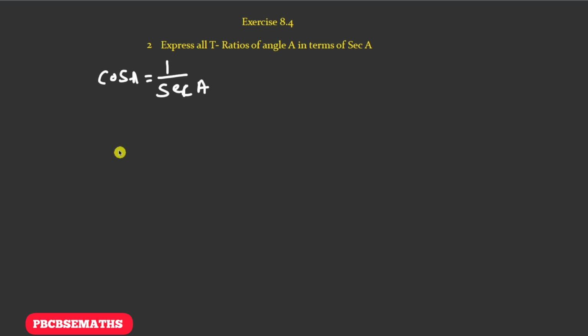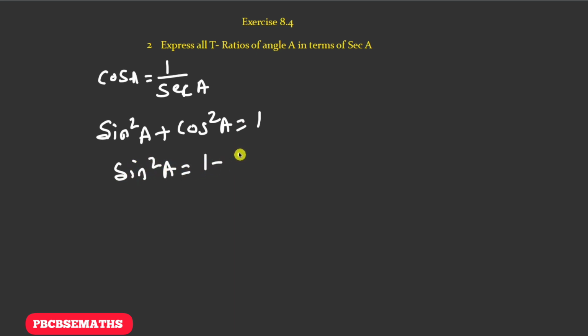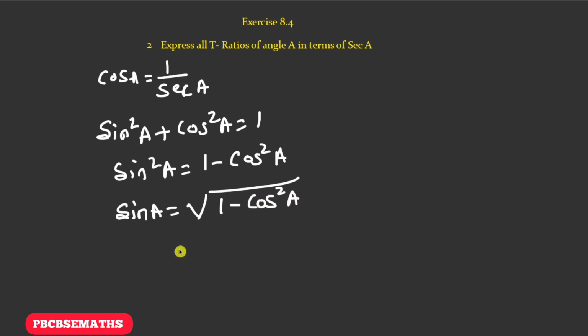Next, let's represent sine. We know that sine square A plus cos square A is equal to 1. Then sine square A is equal to 1 minus cos square A. Let's find the square root of sine square A. Then sine A is equal to square root of 1 minus cos square A. Now we have the value of cos A, which is 1 by secant A. Let's replace cos square A by 1 by secant A whole square.